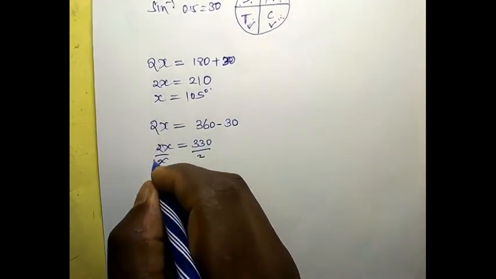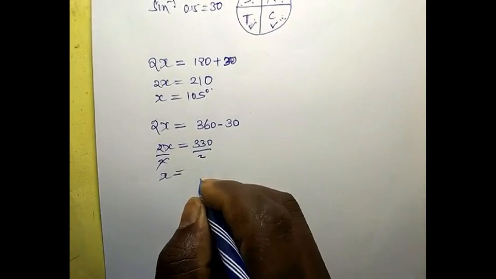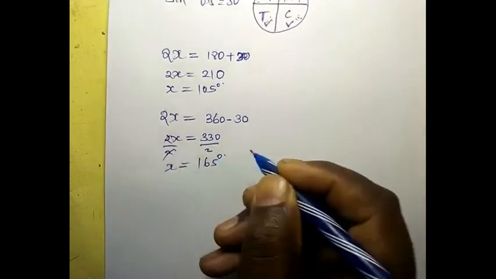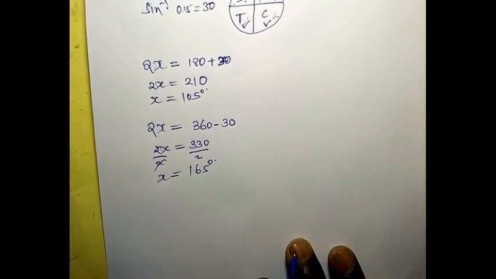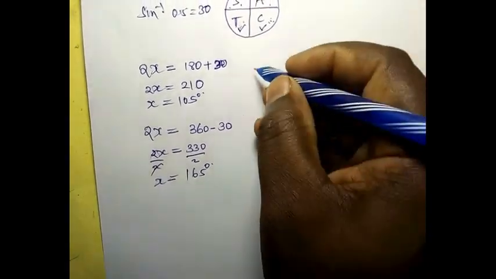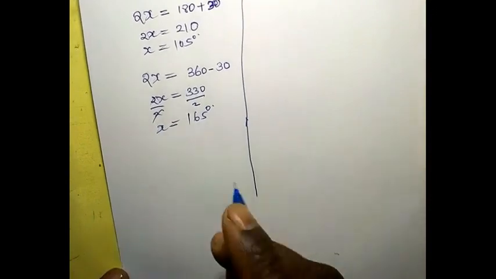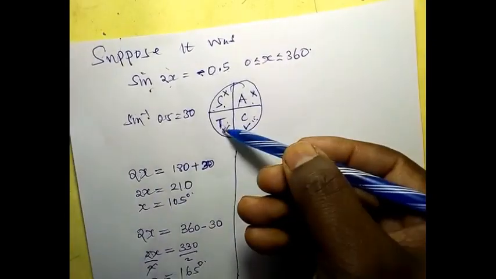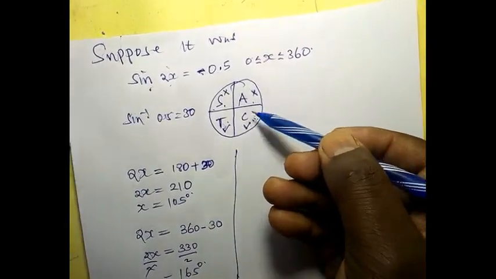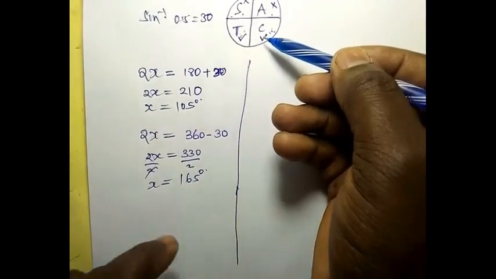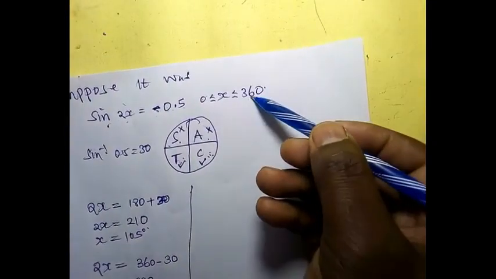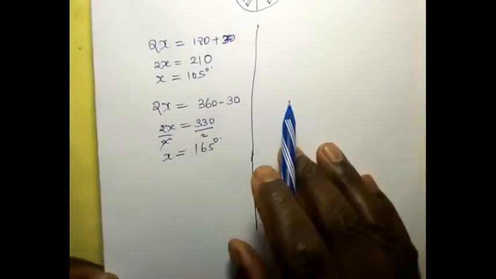We get that our x is equal to 165 degrees. Next, now we have finished this one, and we see that our angle has not reached 360, which is our maximum range. So we continue doing the same.